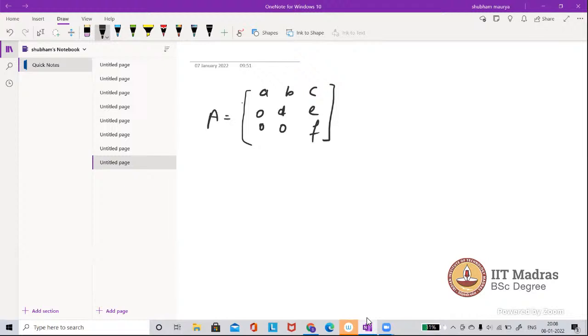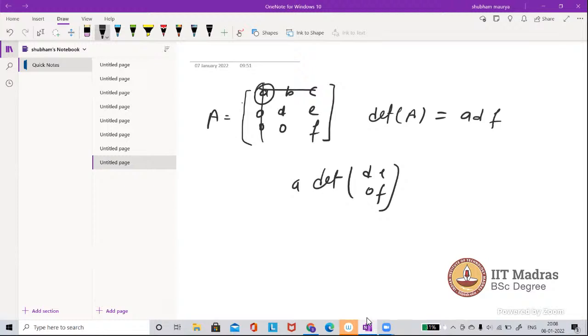Let's say this is A, so the determinant of A is A times D times F. The reason is that by the definition of the determinant, you take A times the determinant of the remaining entries D, E, 0, F, and that determinant is DF. So the final result is A times DF. Because of this, the determinant is just the multiplication of the diagonal entries.